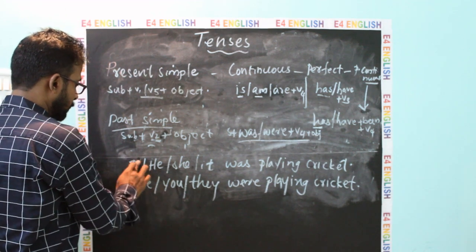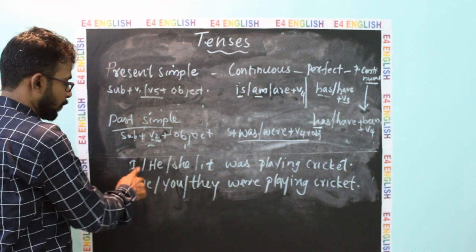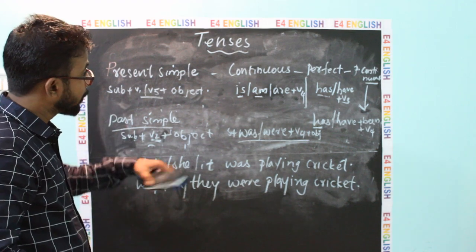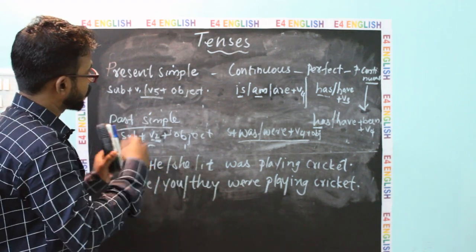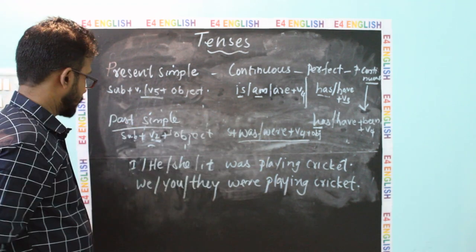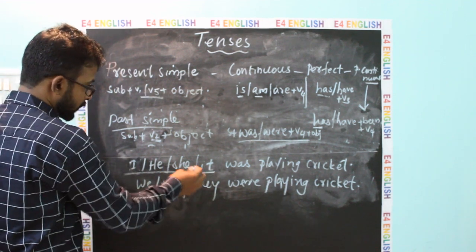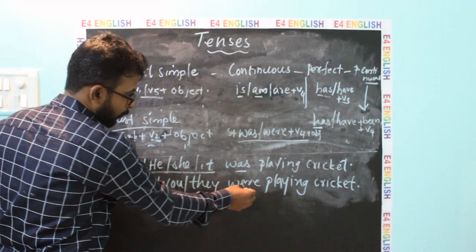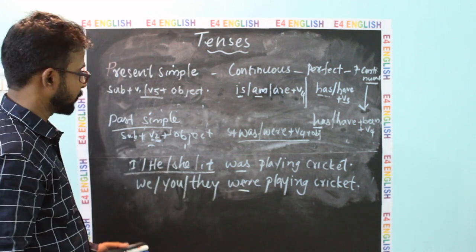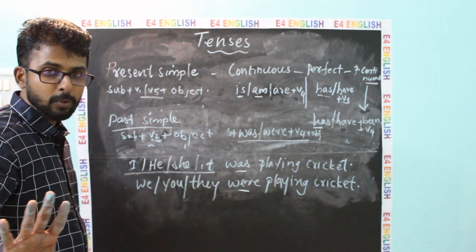Apart from the previous cases, where I told you that I should be treated in a separate way, here with all singular subjects we will use was, and with all plurals, were. That is the thing. Okay, now you might have understood.